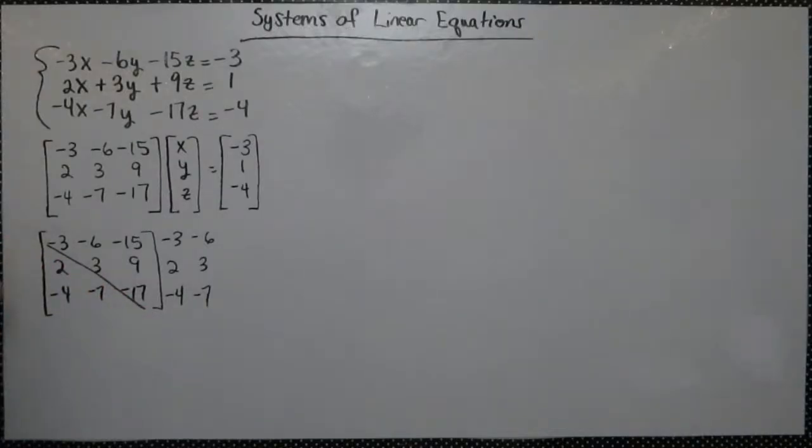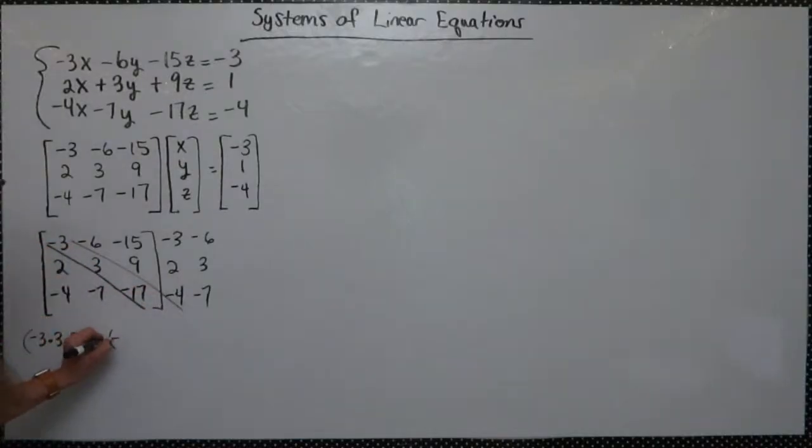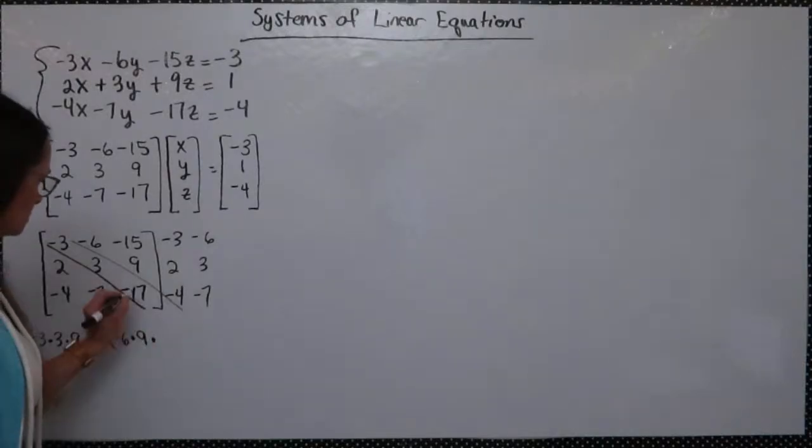If I'm going forward, it's a positive direction. So I'm going to add the forwards and then subtract the backslashes. So I've got -3 times 3 times 9 plus this column, -6 times 9 times -4.